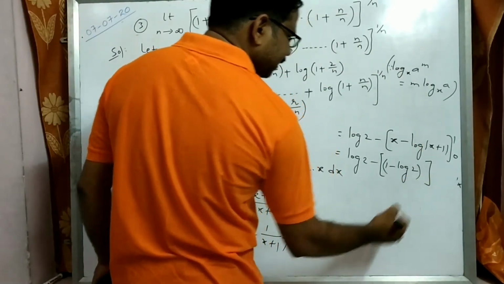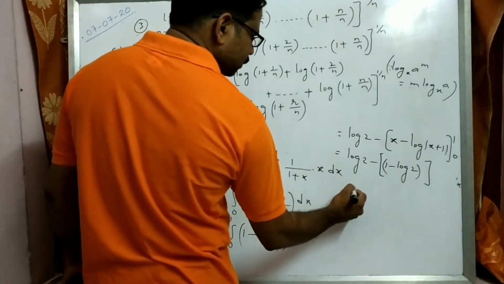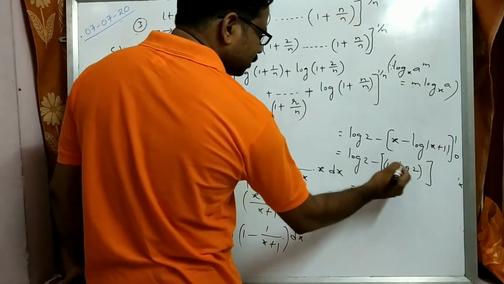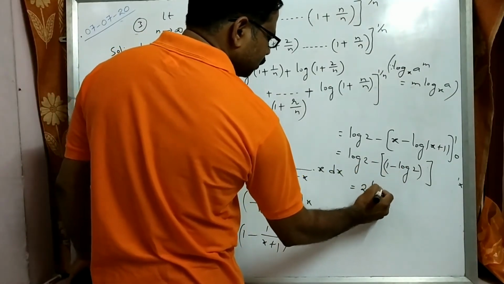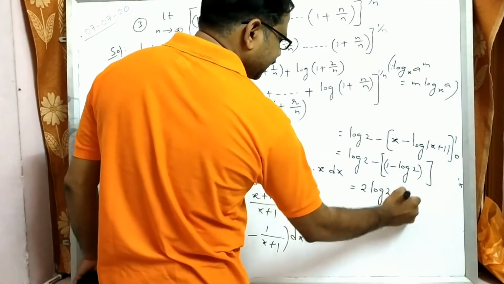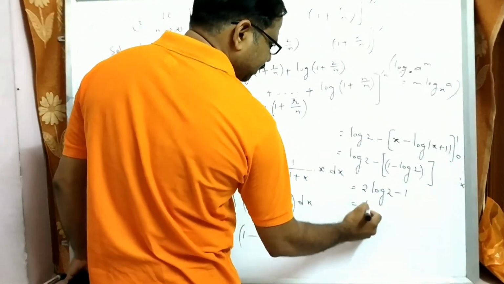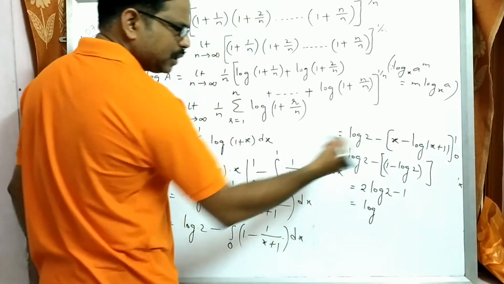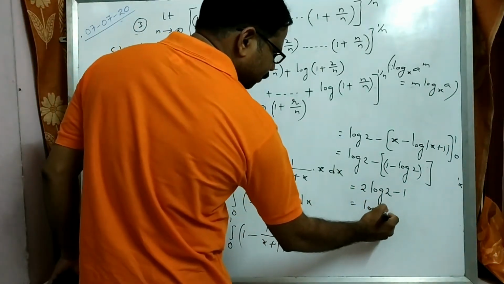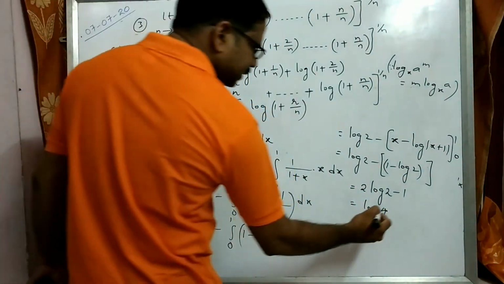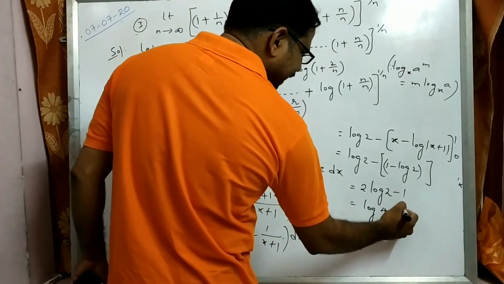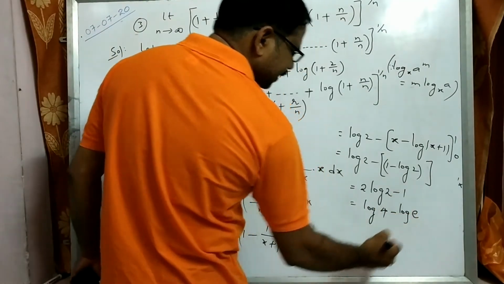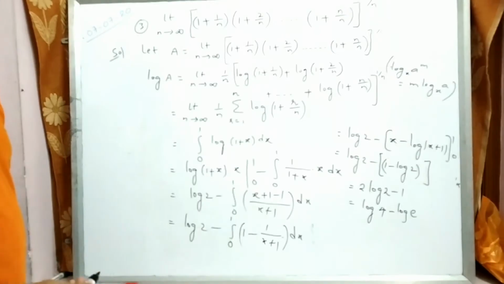So anyway it will be 0. So that will be log 2 plus log 2, 2 log 2 minus 1. So 2 log 2 is log 2 square, log 4, minus that 1, which I can write as log e, because log e to the base e is 1.